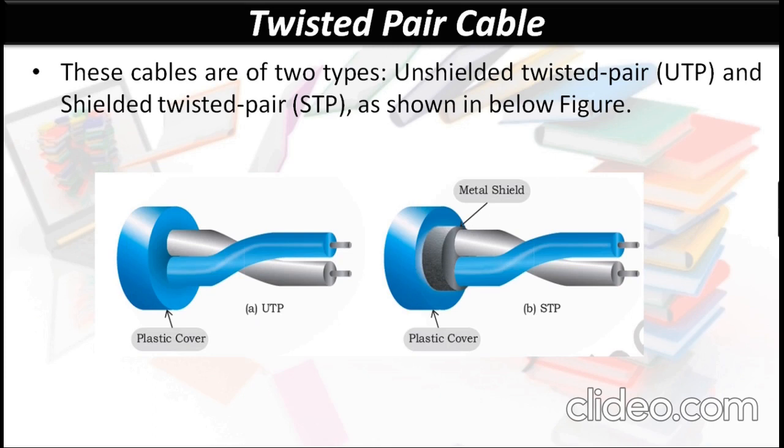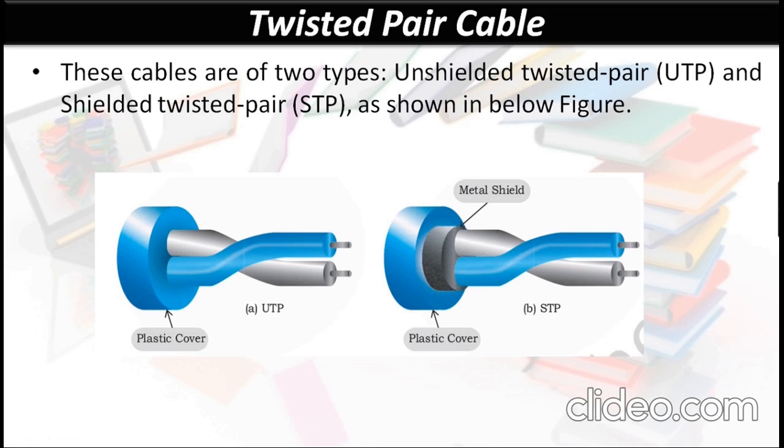If we talk about STP cables, as I said, it is protected by a metal shield. The metal shield prevents the penetration of electromagnetic noise, and it also helps us to eliminate crosstalk.